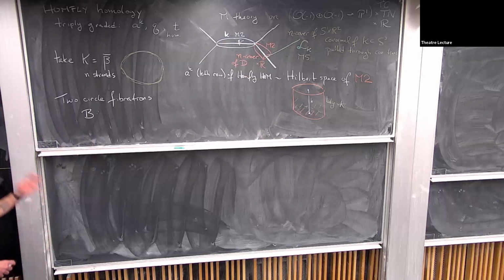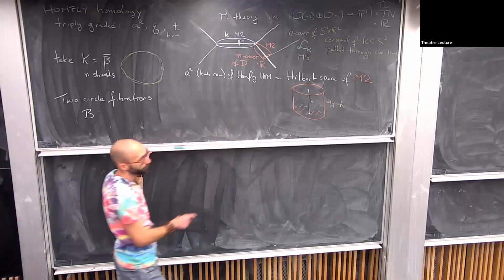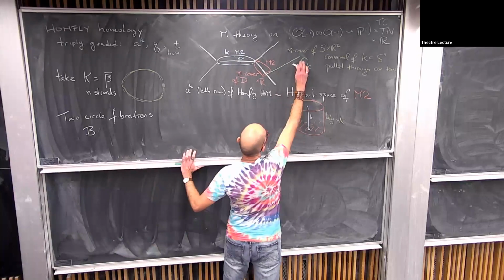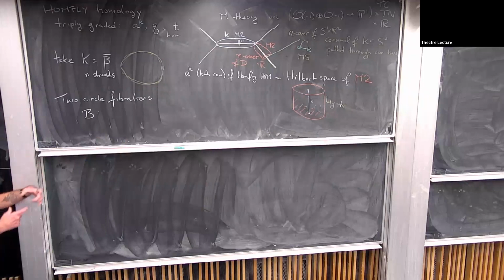In the case of just an unknot, this is what's called an Aganagic-Vafa brane. They studied these geometries, and it's a single disk ending on something that is S1 times R2. The Aganagic-Vafa brane is the S1 times R2. And so what I'm describing here is a multi-cover of that scenario.